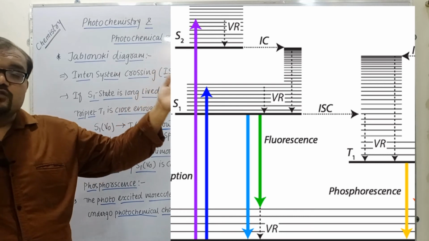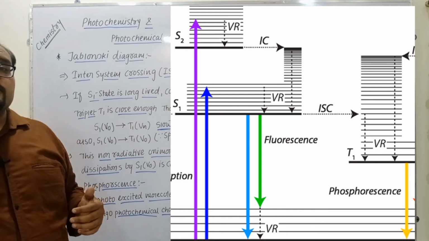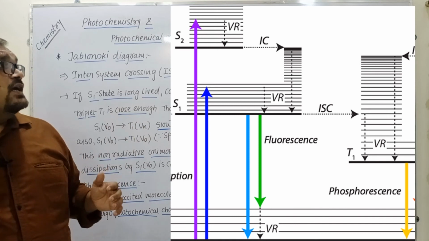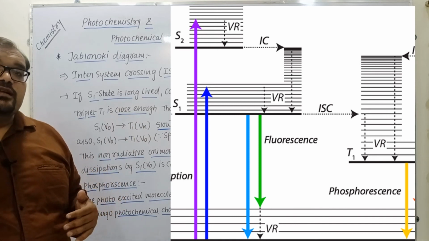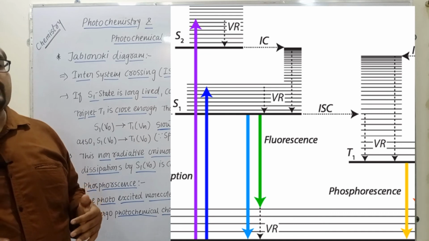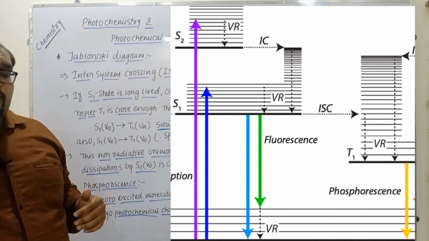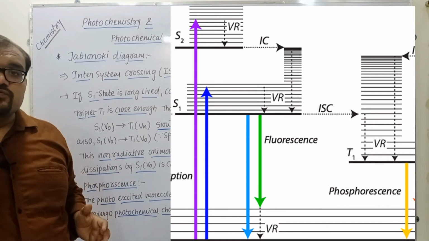Again it is a slow process because of the same thing, that is spin forbiddenness, right? So this process, that is the transition of an electron from T1V0 to S0, is known as phosphorescence.